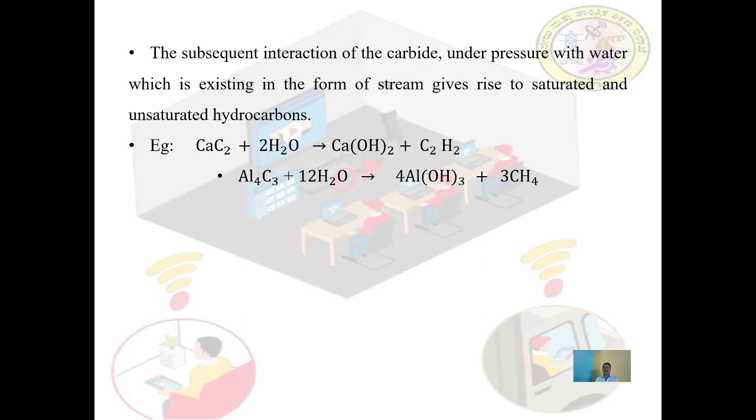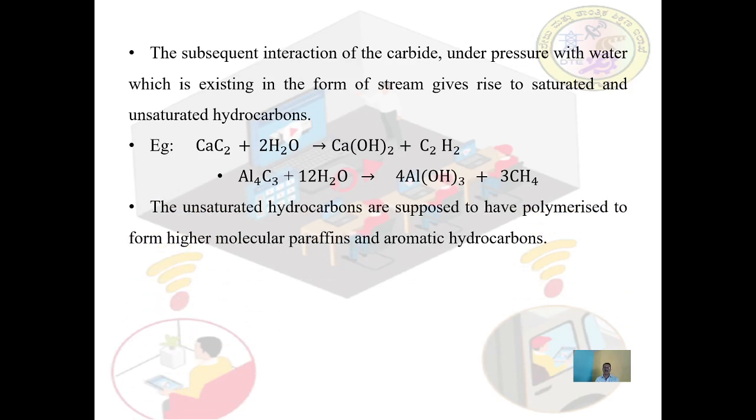It is unsaturated hydrocarbon. Aluminium carbide plus water gives aluminium hydroxide and methane, which is a saturated hydrocarbon. The unsaturated hydrocarbons further undergo polymerization reactions to form higher molecular weight paraffins and aromatic hydrocarbons.